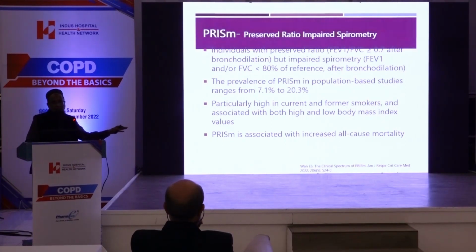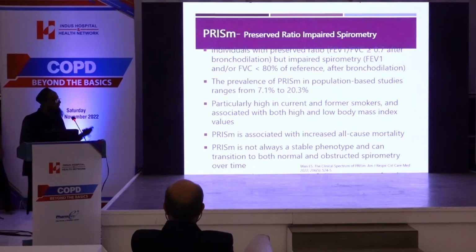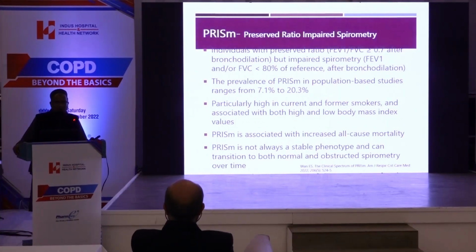So we have to address these patients और इनको close follow-ups की ज़रूरत है. But again, it's not a very stable phenotype. Patient may develop a full-blown COPD, or even throughout life, they may remain the same without reducing their ratio. इसके clinical impact क्या है? Do we need to treat these patients of PRISM or pre-COPD because they are symptomatic with a normal spirometry?